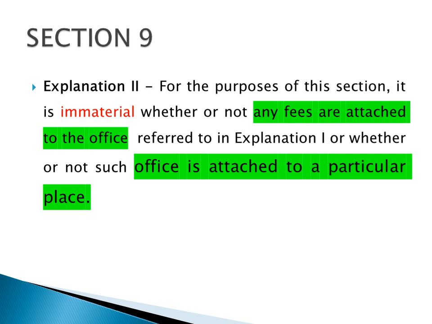So it is clear from Explanation 2 that it is immaterial whether or not any fees had been attached to an office or such an office was attached to a particular place or not. We will enumerate some examples of suits of civil nature and suits not of civil nature so we can understand the topic better.